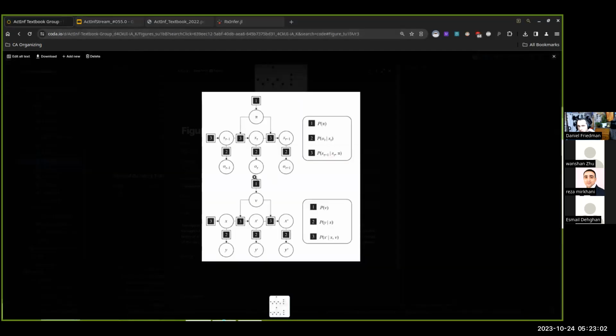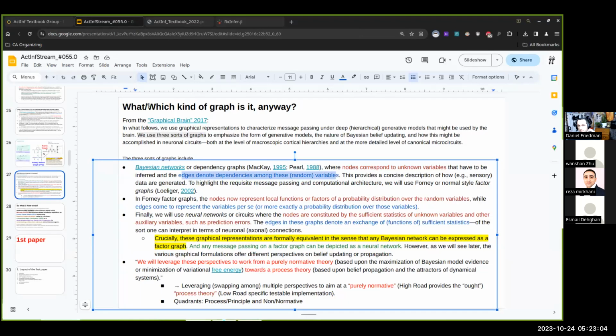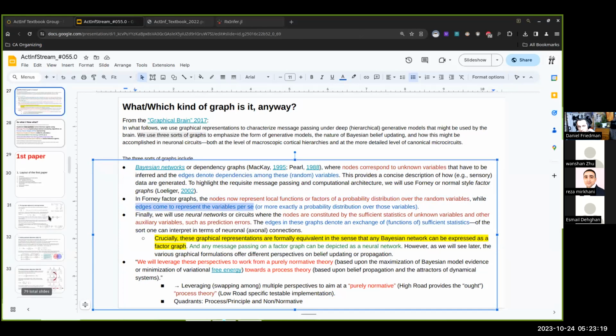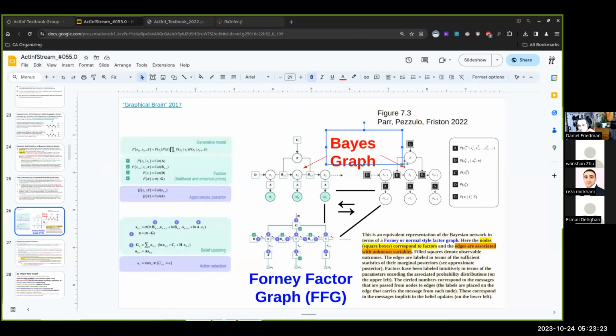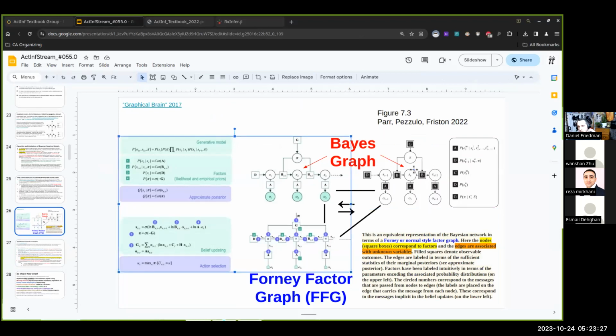Figure 4.3, Bayes graph. Forney factor graph: nodes are functions of a distribution over variables, and edges represent variables per se. So here's 4.3. Well, here's figure 7.3, same thing as 4.3. So these 2 are equivalent.